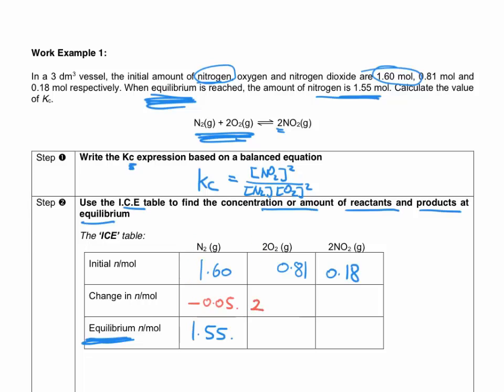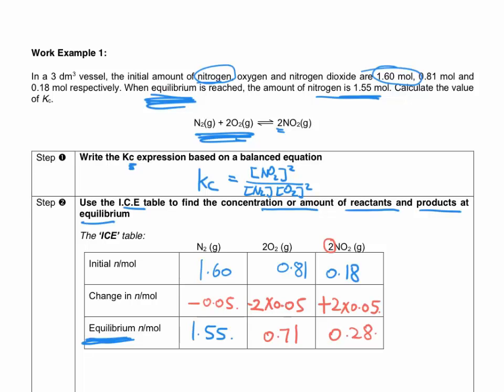Hence, you need to use 2 times 0.05, and you must put a minus here because reactant decreases. Then don't forget, this is also 1:2 ratio, but this is a product, so you must plus 2 times 0.05. Then after which, you can do the calculation to find out the value of your O2 and NO2 left over. So from here, based on the calculation, I get this as 0.71. This one will be about 0.28.